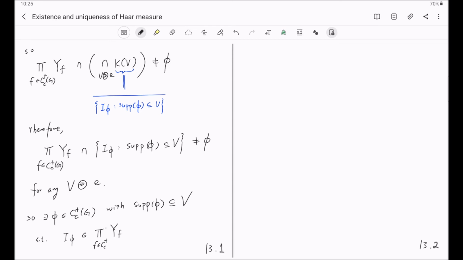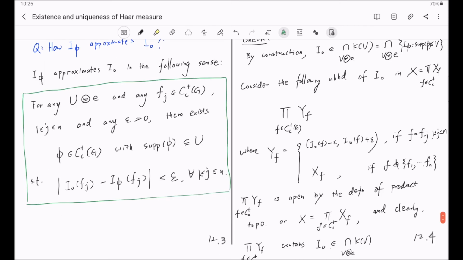And if you go back to the definition of those Y sub F's, in here, we got precisely what we wanted to prove at the beginning. We got precisely this guy.